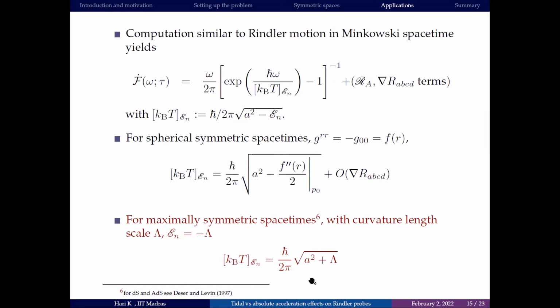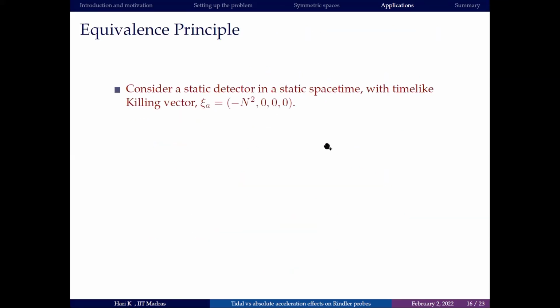We could derive this result in the same way, and generalize the expression to other spacetimes for a general case. Let me go to my last application, which is the equivalence principle. Using our result, we can state some observations which we made with the equivalence principle.